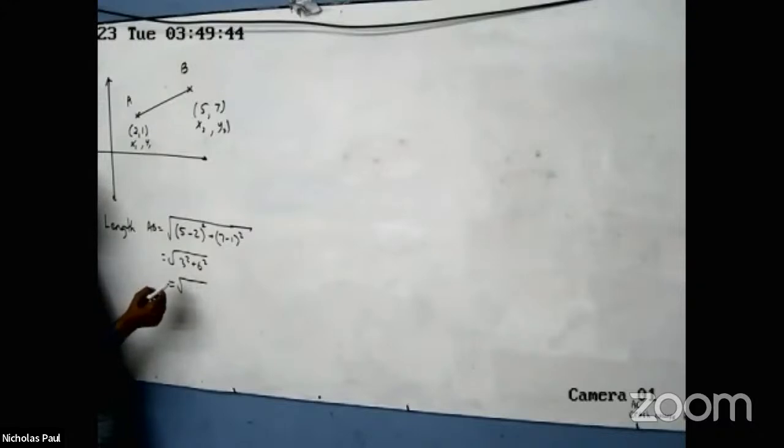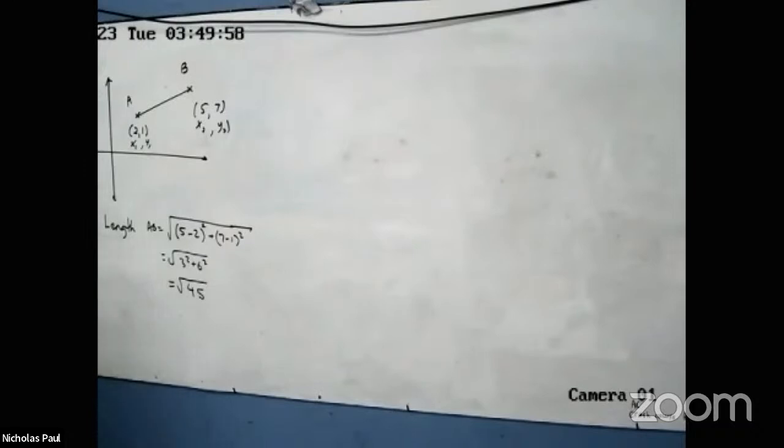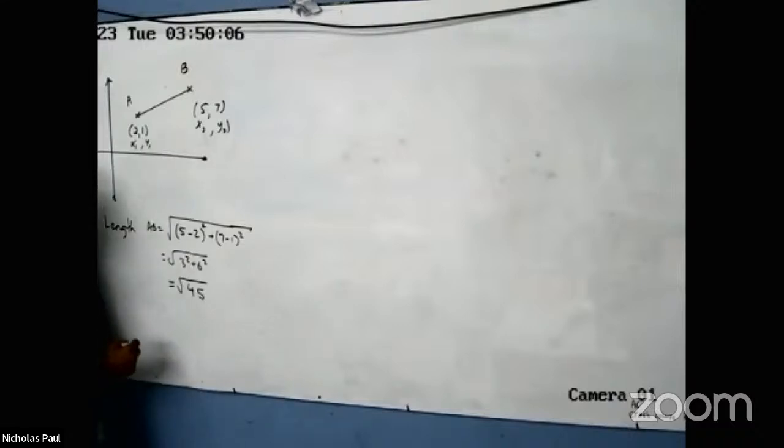Just 9 and 36, that's 45. Since we're revising as well, can I simplify root 45? What will I get? 3 root 5, right?